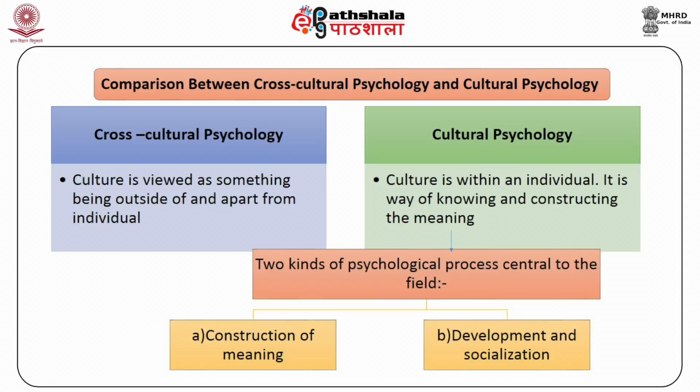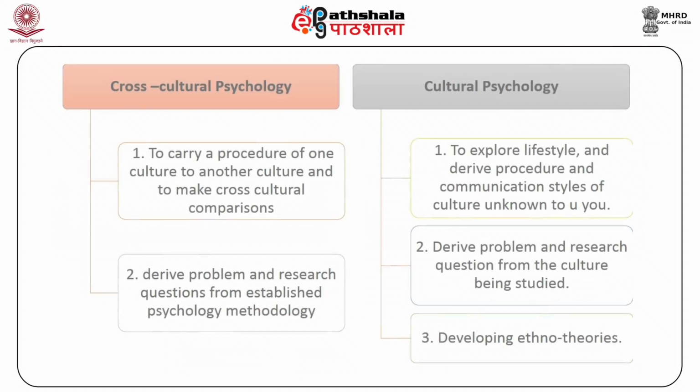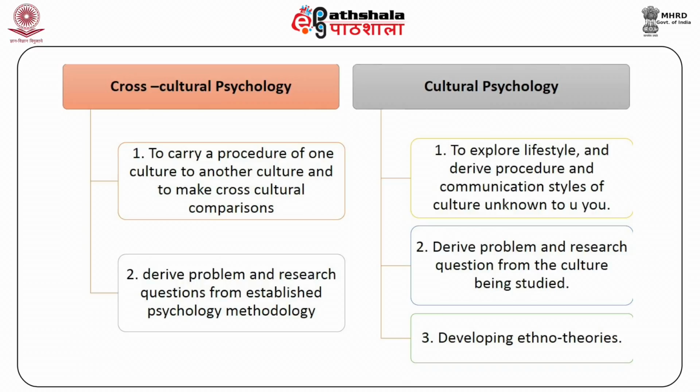The shared knowledge and shared meaning generate a set of everyday practices. Two kinds of psychological process central to the field: A. Construction of meaning. B. Development and socialization. Cross cultural psychology, methodology: 1. To carry a procedure of one culture to another culture and to make cross cultural comparisons. 2.